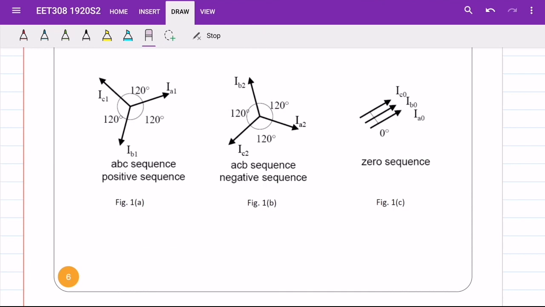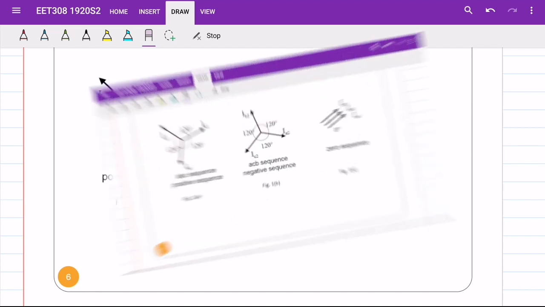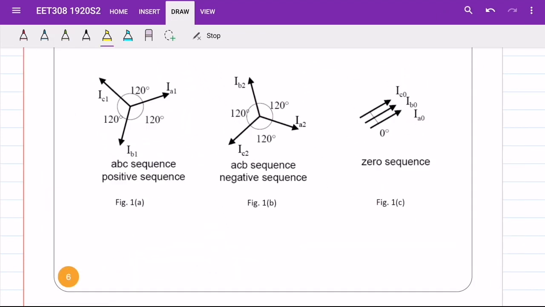Now we proceed to the last phasor diagram, which is the zero sequence phasor diagram. Based on figure 1c, the magnitude of the symmetrical component current for zero sequence is equal, and the phase displacement is 0 degrees.